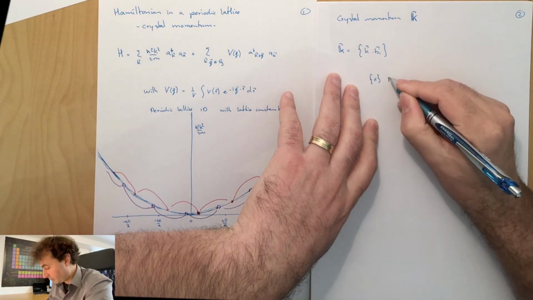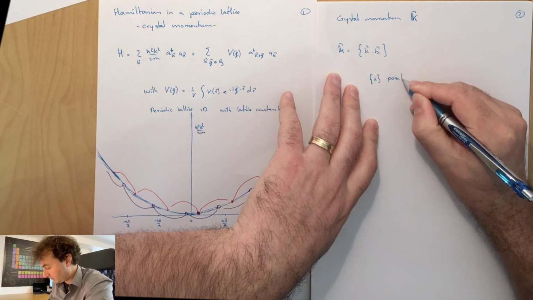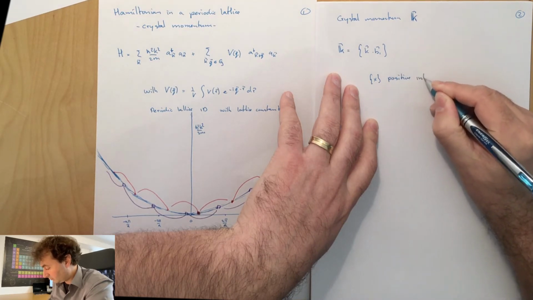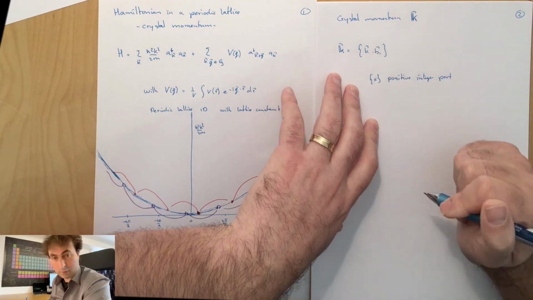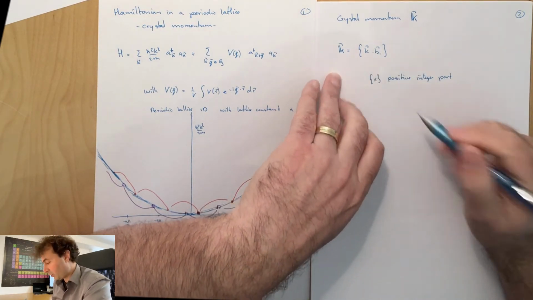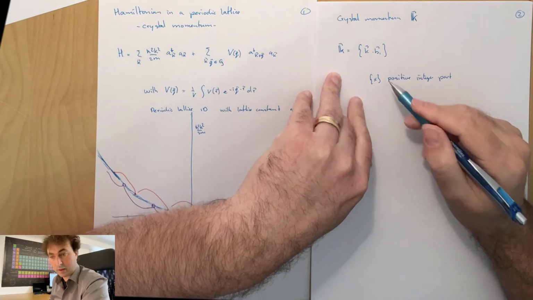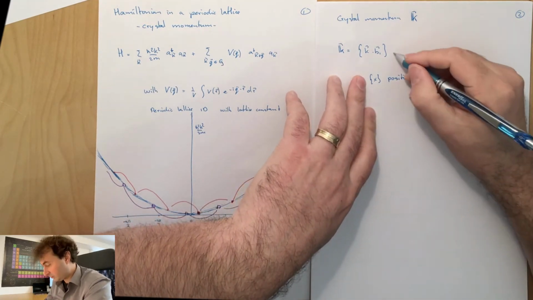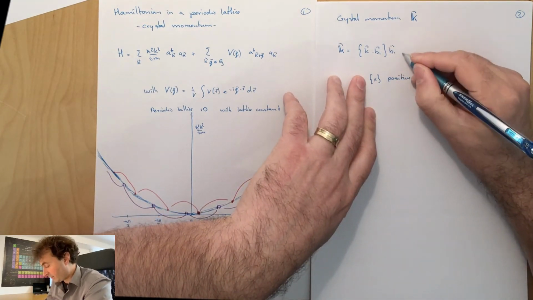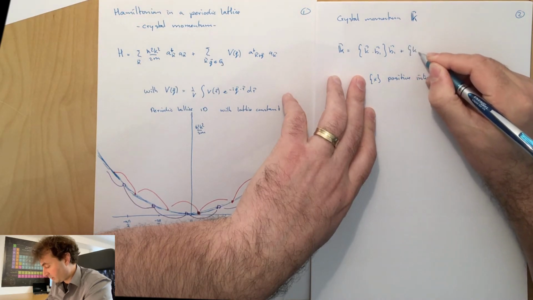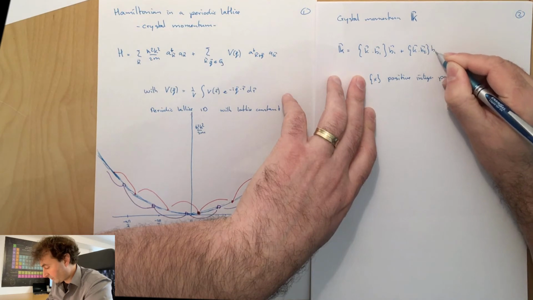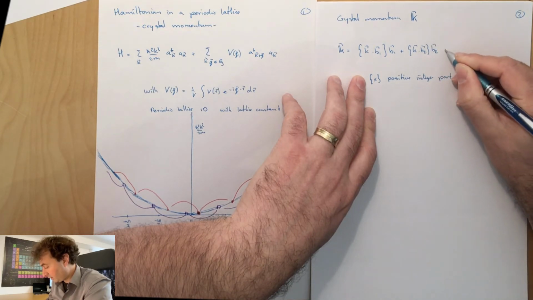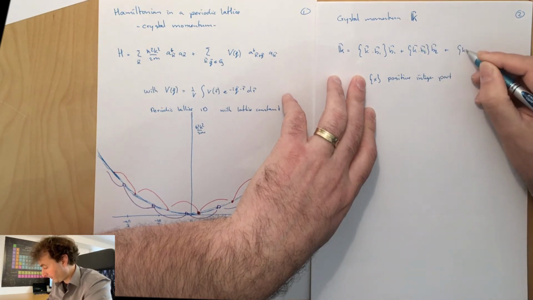So these brackets mean the positive integer part. If this would be 3.1, you're left over with 0.1. If this is minus 0.9, you're left over with 0.1. Times the lattice vector b1, plus the same for the other two directions, given by the reciprocal lattice vectors.